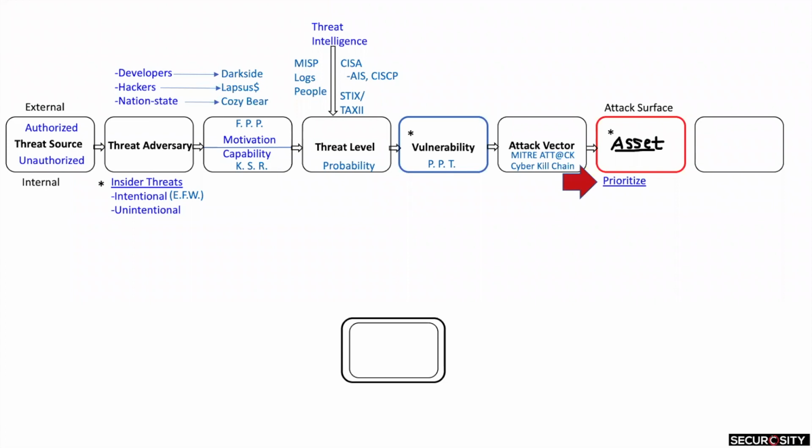We do this by classifying and categorizing assets based on information and information systems, sensitivity, and criticality. Classifying and categorizing is not only important for prioritization, but also a vital part of data lifecycle management.